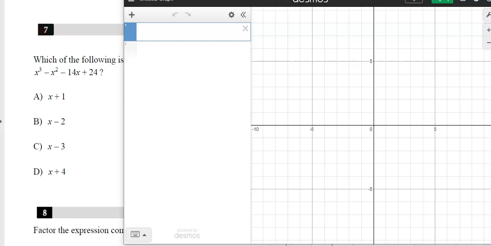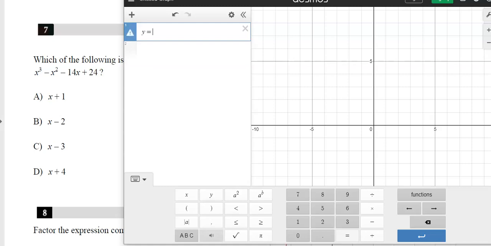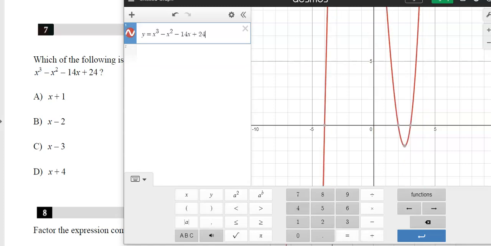All right, so we're going to type in y equals x to the 3rd minus x squared minus 14x plus 24. And look at those zeros. We have one at negative 4, one at 2, and one at 3. So we have zeros at all those spots.